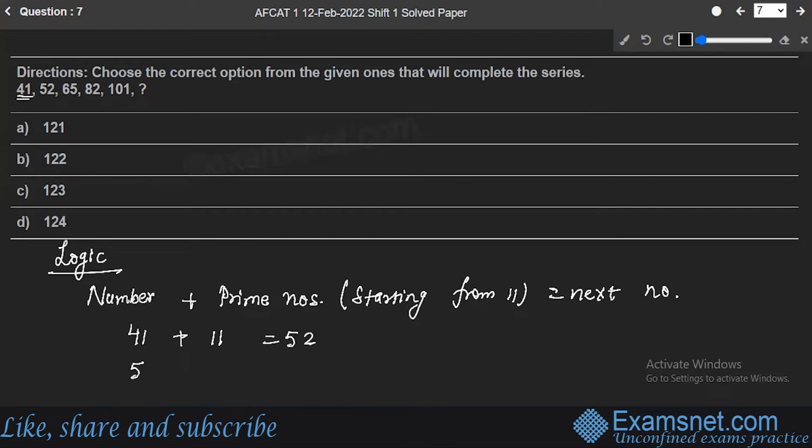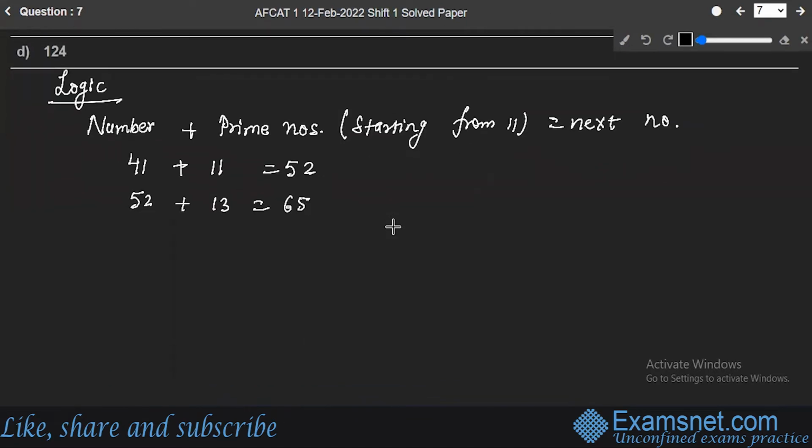So let's move on with 52. The next prime number is 13. It comes out to be 65. Let's add to 65 the next prime number, 17, which gives you a total of 82. When I add 19 to 82, you will get 101.